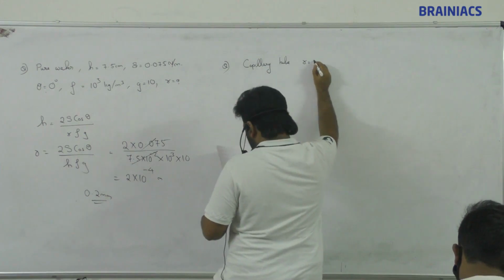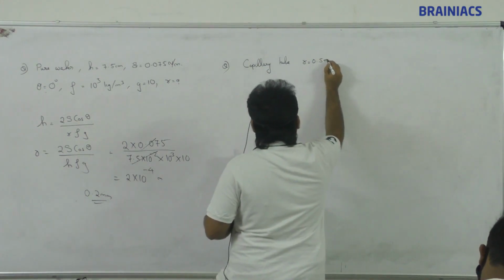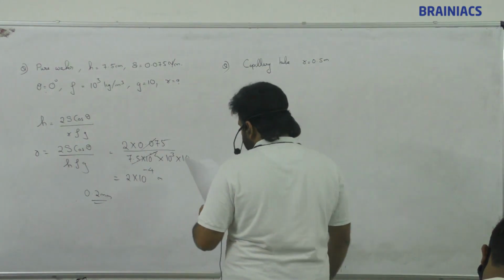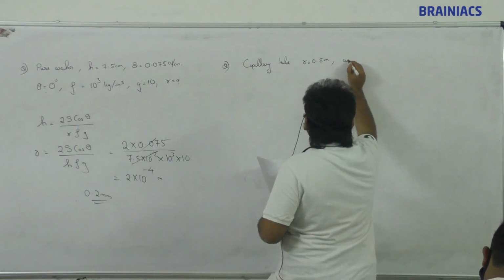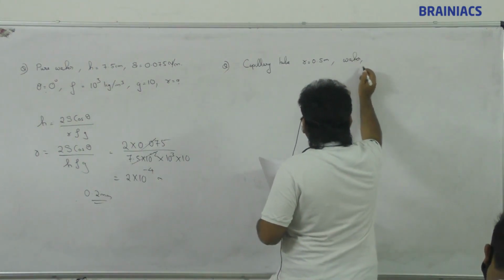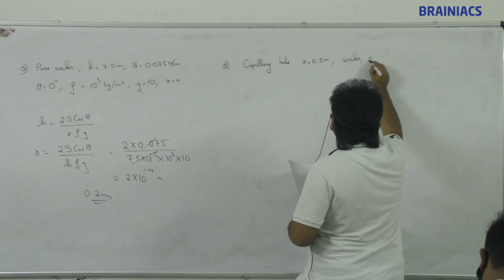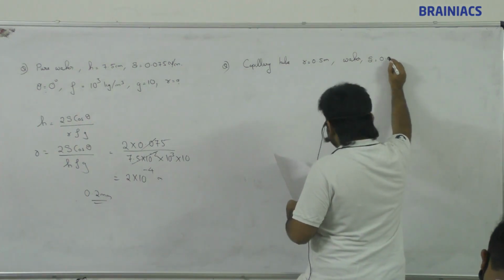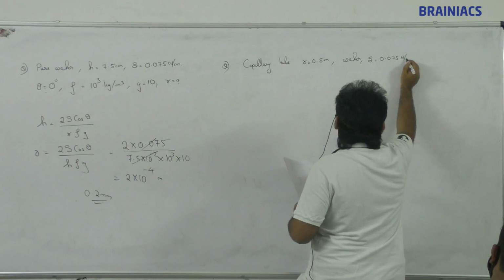So another question. A capillary tube, the radius of the capillary tube is 0.5 meter. We are using water, so its surface tension is given as 0.075 Newton per meter.